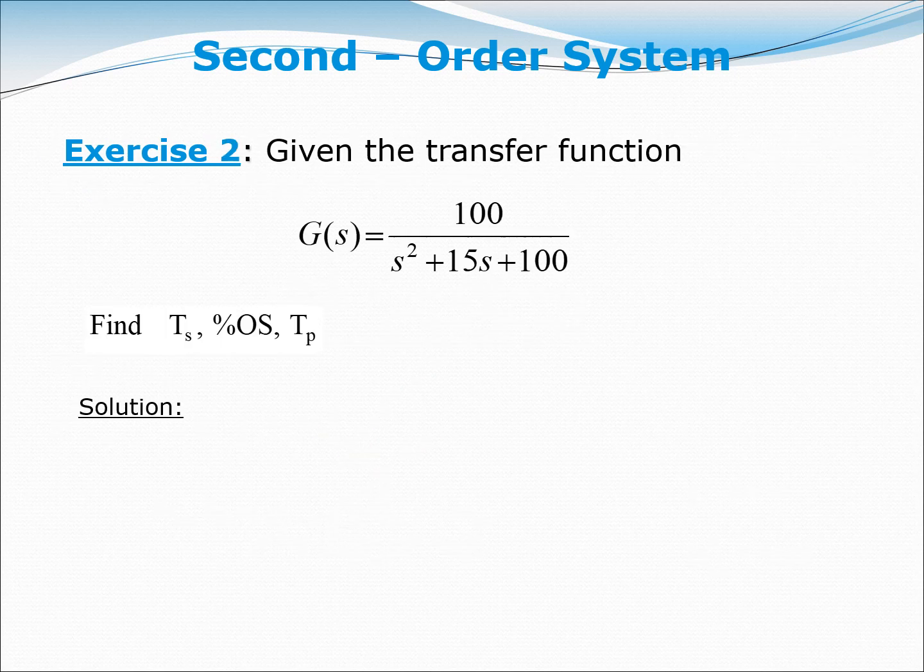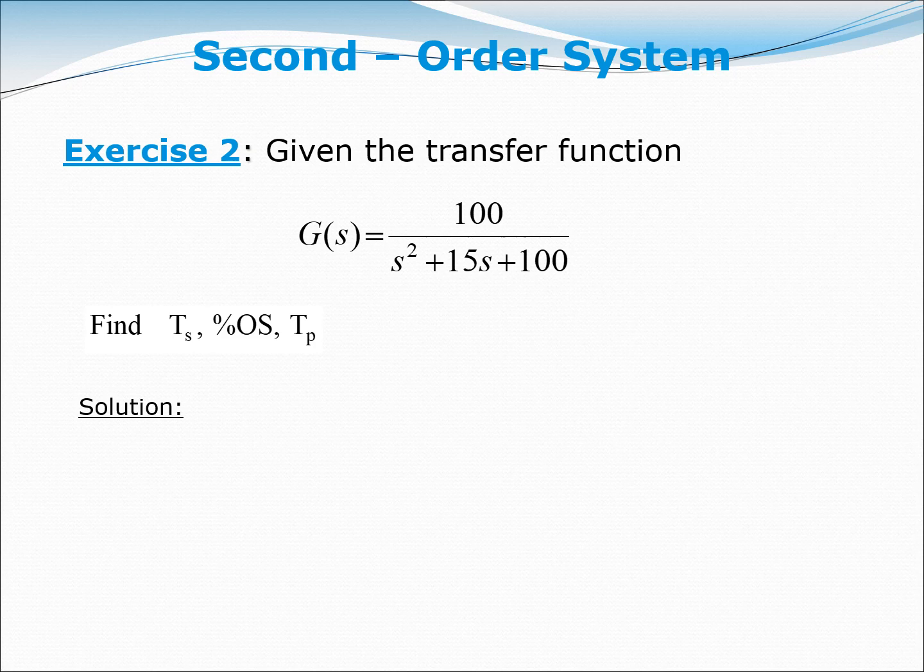Next, given the transfer function G of S equals 100 divided by S squared plus 15S plus 100, you need to find TS, percentage of overshoot, and also TP. So what is the tip? The tip is to first convert G of S into the standard form of a second order system to get omega n and zeta.